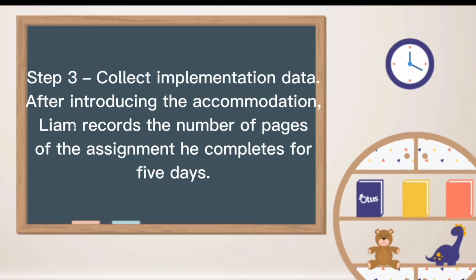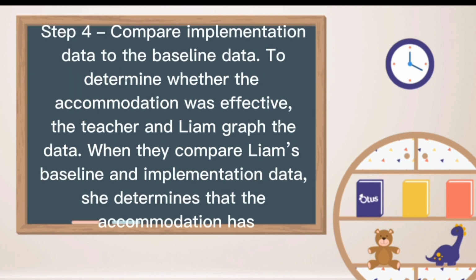Step 3. Collect implementation data. After introducing the accommodation, Liam records the number of pages of the assignment he completes for 5 days. Step 4. Compare implementation data to the baseline data.